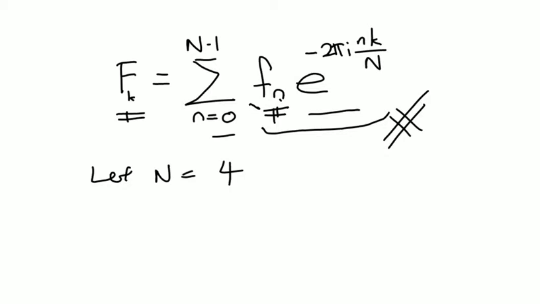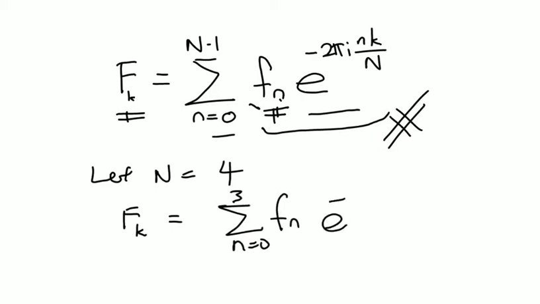So if N is equal to 4, then Fk equals the summation from n equals 0 to 3 of fn e to the minus 2 pi i n k over 4. The big letter N now has the value of 4.